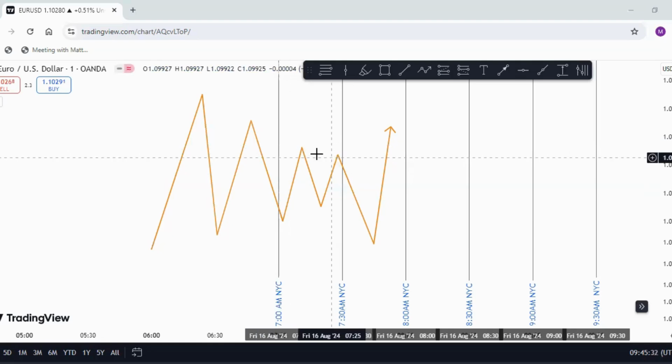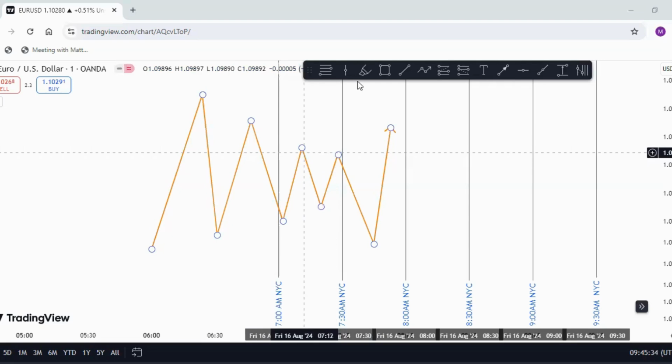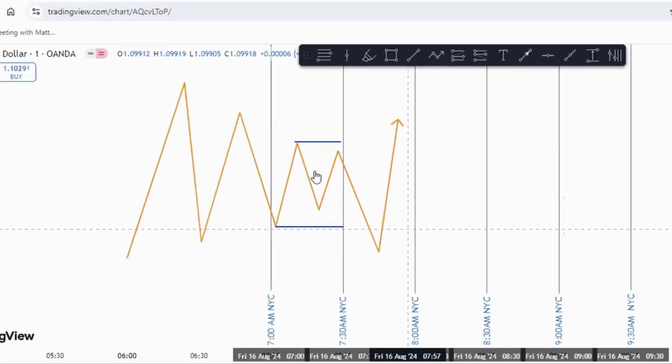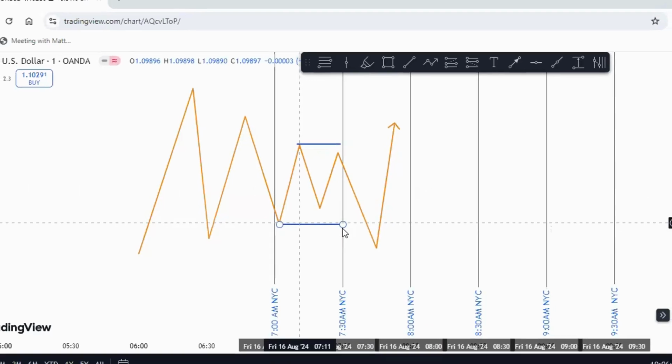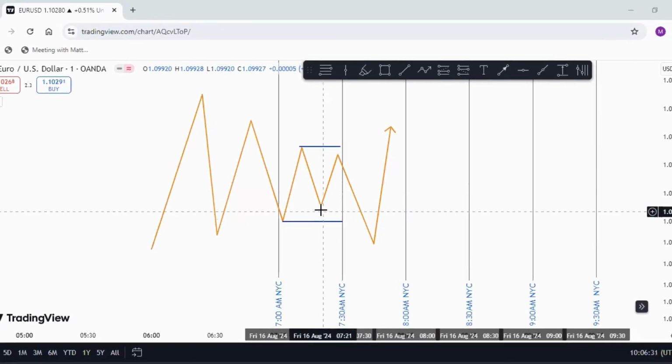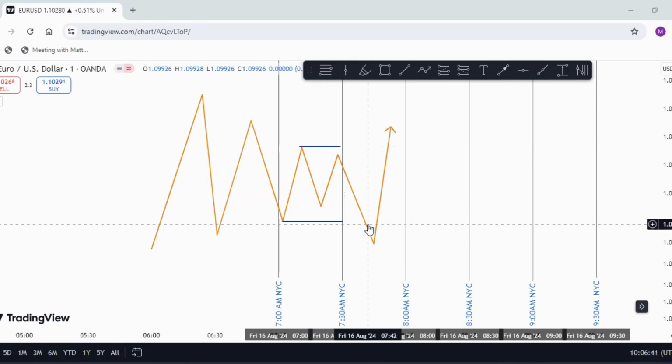This high did not take out this high. So then we have a smooth edge. And also, we got a smooth edge on this side. What makes it smooth is that this low did not take out the previous low. So now these are both smooth on both edges. So do we know which one is going to be taken out first? No, we don't know that.